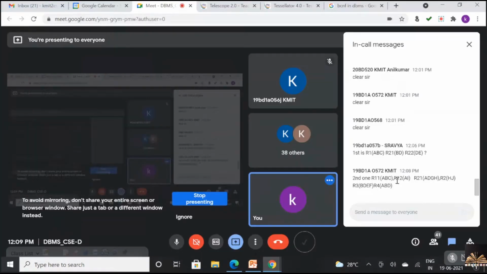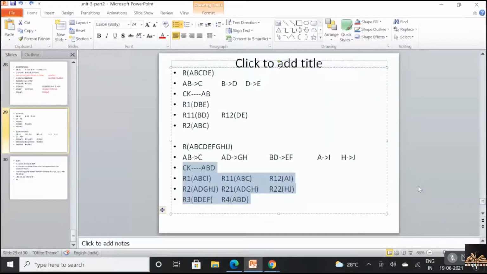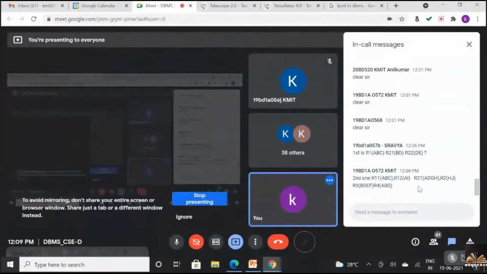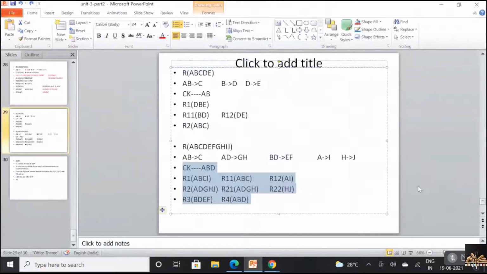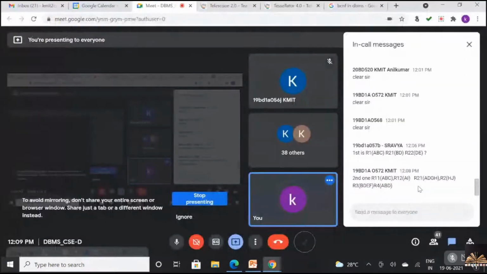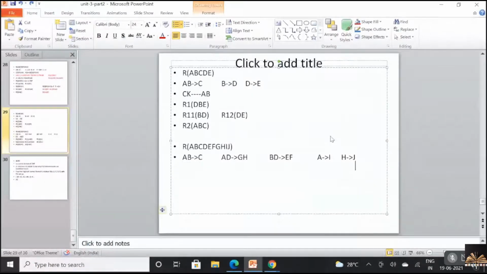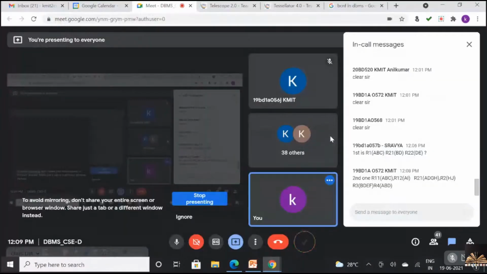ABCAI, ABCAI, right? ADGHHA. Right. 72, it's right, Ma. Is there any problem with 3 and F, Ma? The others?